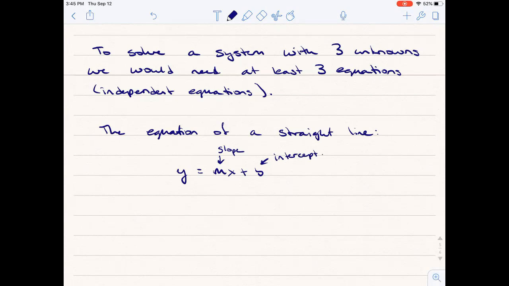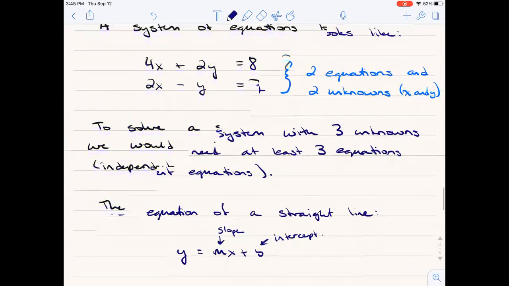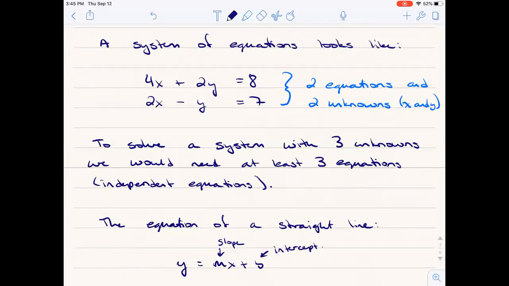Notice that this has an x and a y. And so really what this system of equations is, it's just 2 straight lines. For our purposes, they'll usually be supply and demand curves, right? And so to solve this system, we're actually finding the equilibrium point.